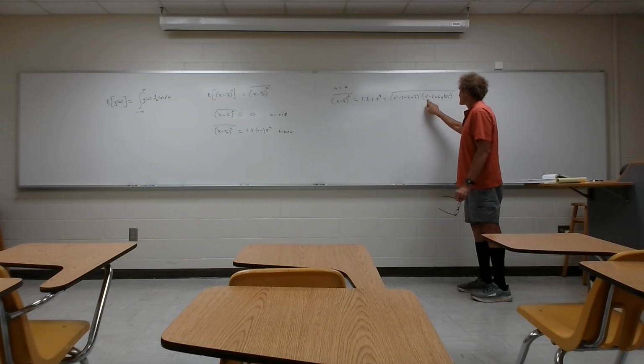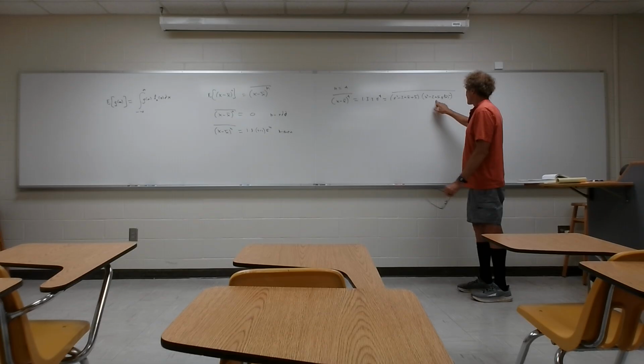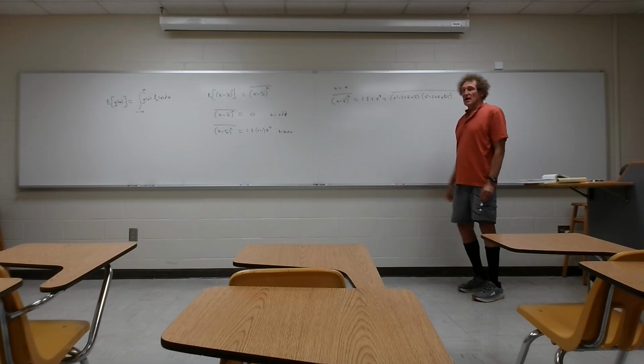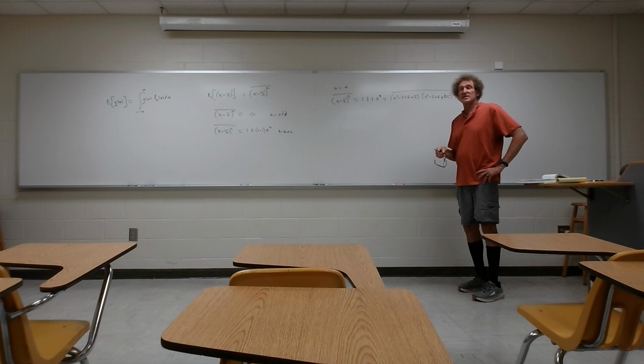I have this times this is x to the 4th, this times this is minus 2x cubed x bar, this times this is x squared x bar squared. Then you would have to do that for this one and this one. You're going to get a lot of terms. I think you're going to get 9 minus 2, so 7 terms, and then you start combining. You all follow me on this? It takes a while to do that.